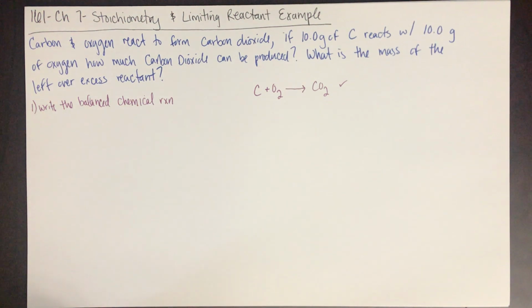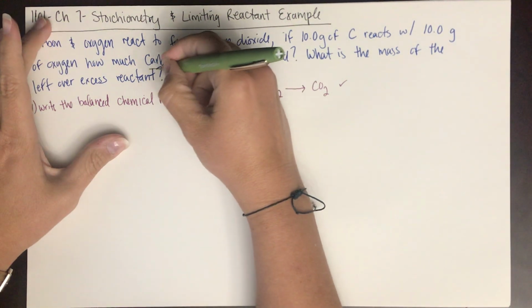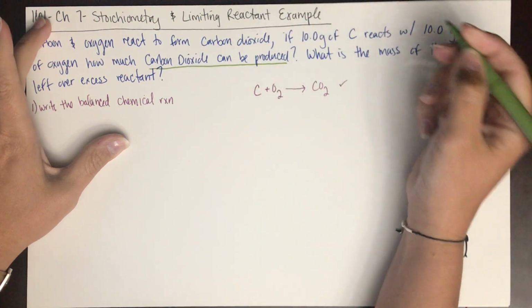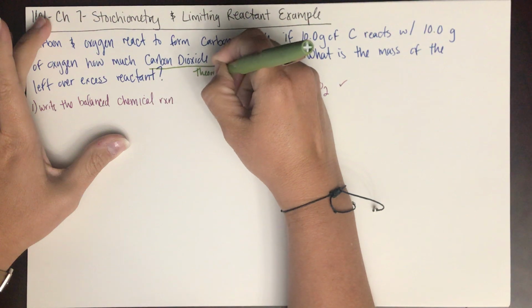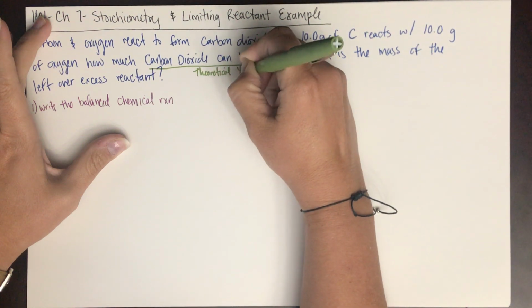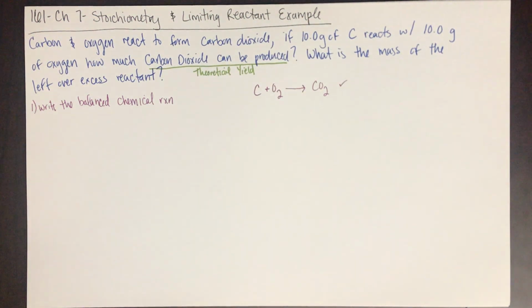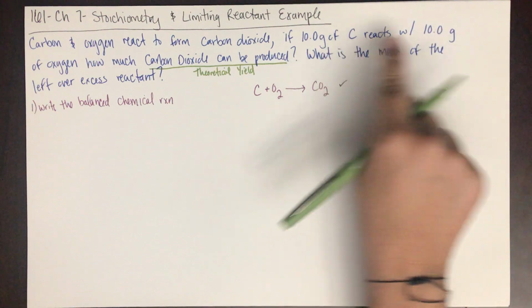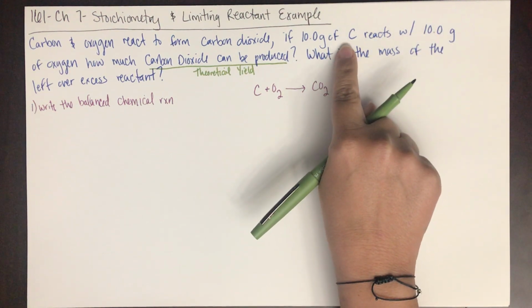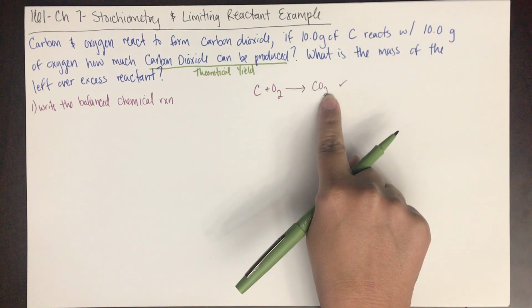Now I am asked how much carbon dioxide can be produced. Remember, the amount of product that can be produced from the limiting reactant is called the theoretical yield. So I need to calculate the theoretical yield individually with each reactant. With 10 grams of carbon, how much carbon dioxide can I make?